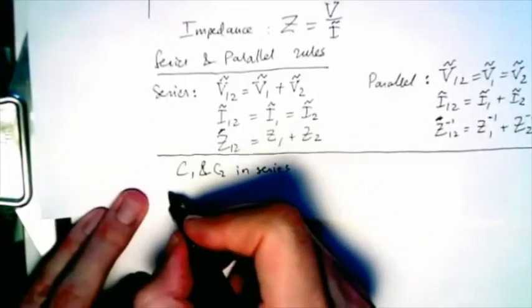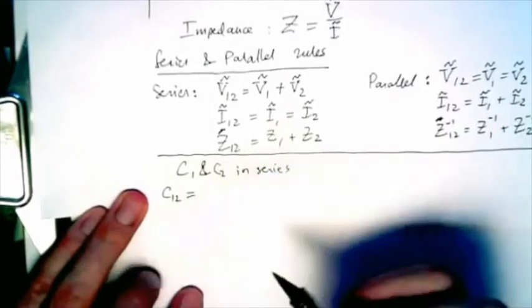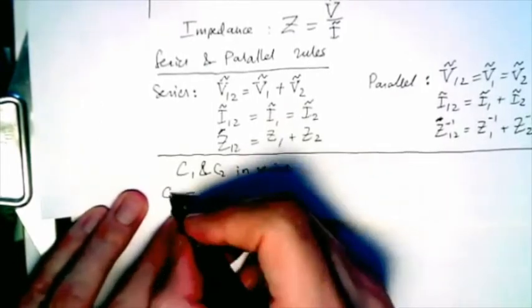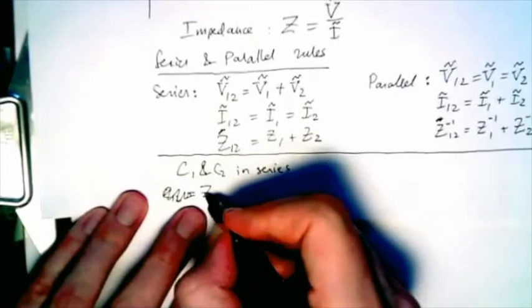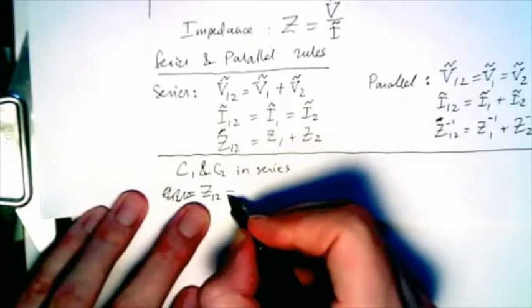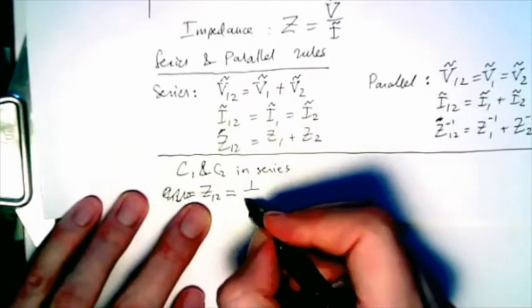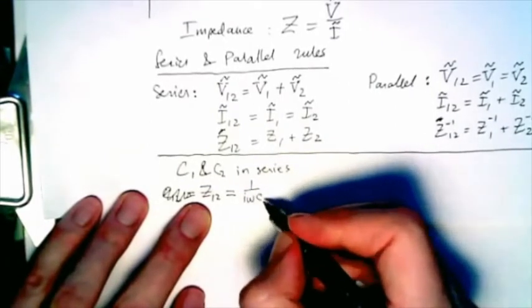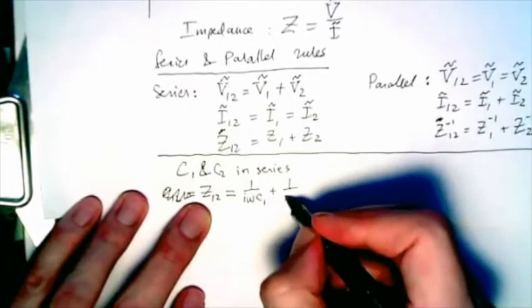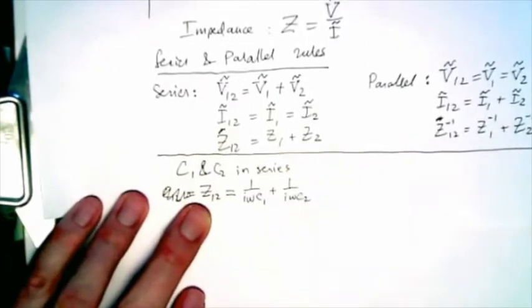Then Z12 would be Z1 plus Z2, which would be 1 over i omega C1 plus 1 over i omega C2.